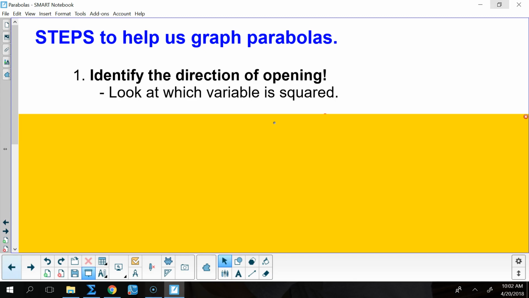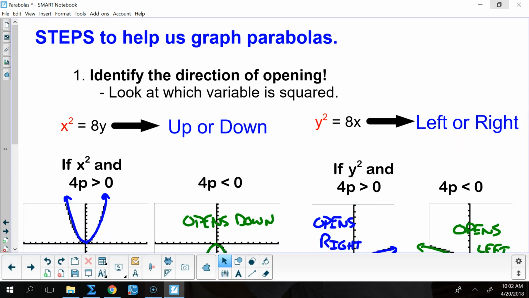Okay, if it opens right, y is squared and positive non-squared coefficient. Down, x is squared, negative on the non-squared. Left, y is squared, negative on the non-squared. Okay? So that's all here.